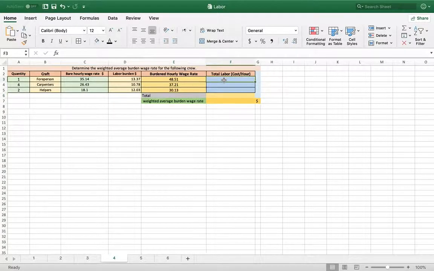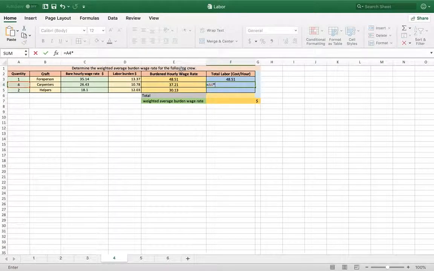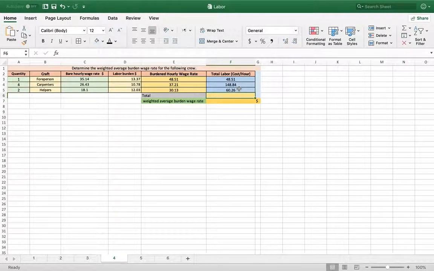So to find the total labor cost per hour, so we're gonna go with quantity, multiply it by burden hourly wage rate, and the same thing, we're gonna go with the quantity multiply it by burden hourly wage rate. So now we get the total.